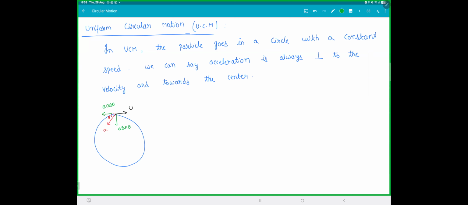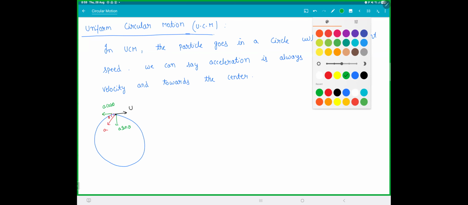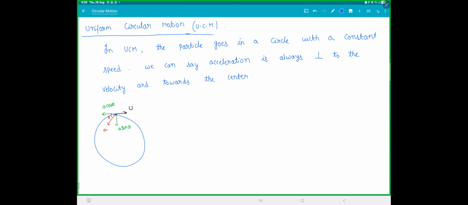And we know this from kinematics: if your acceleration is opposite to velocity, your speed will decrease. Since a cos theta is opposite to u, speed should decrease. But you said it goes with a constant speed.